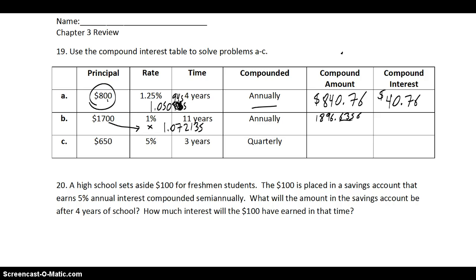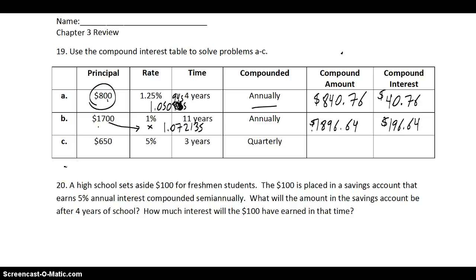Again, look at 2 places back. The 5 raises up the 3. So it's actually 1896.64. Okay. Again, take your compound amount minus the principal, the 1,700, and you get 196.64 for your interest.